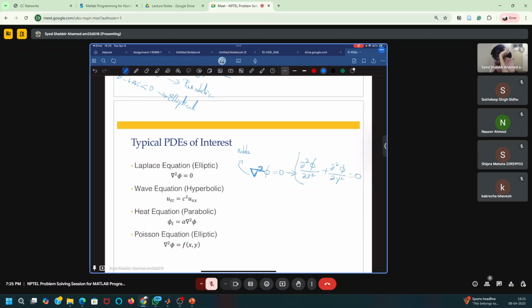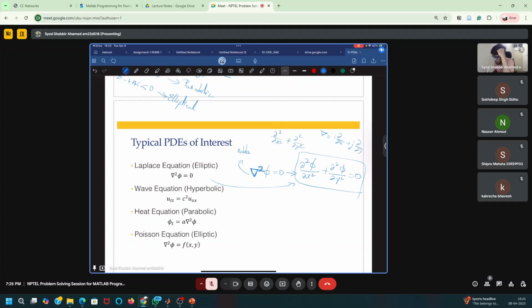So this equation is denoting this. Nabla square is nothing but dou square by dou x square plus dou square by dou y square. If you know gradient, you might know that del is equal to i into dou by dou x plus j into dou by dou y.